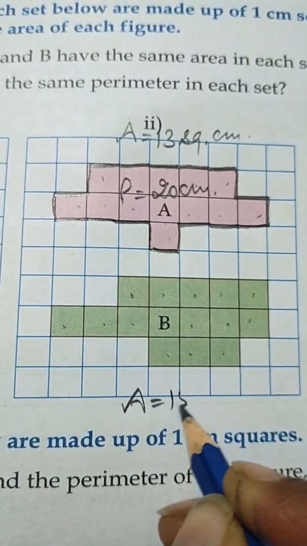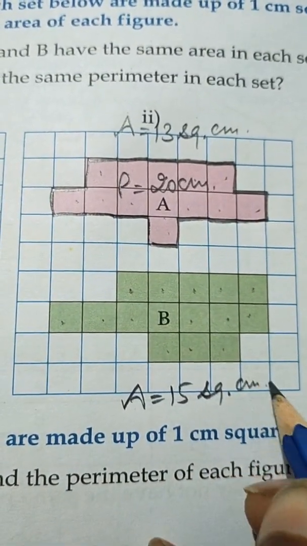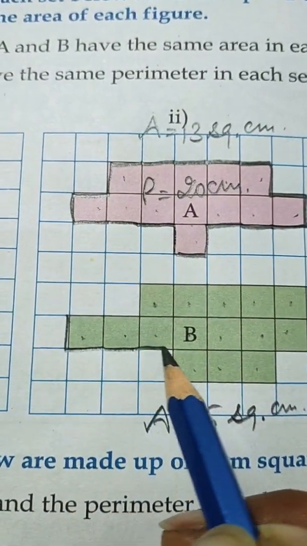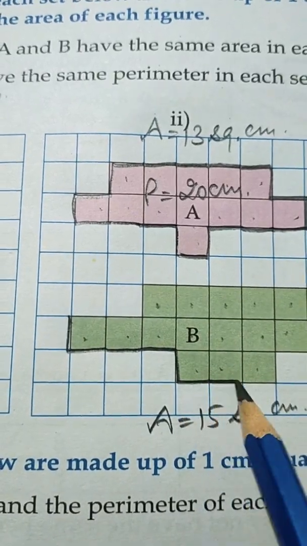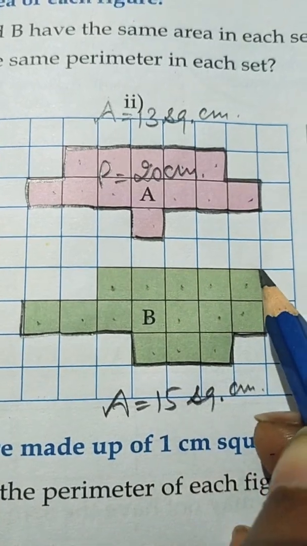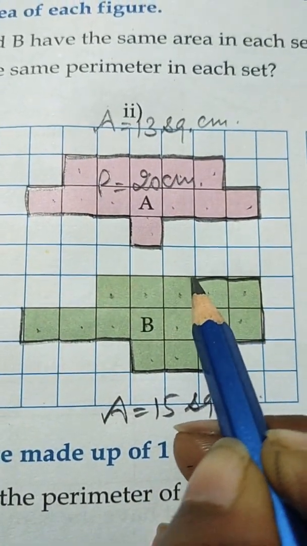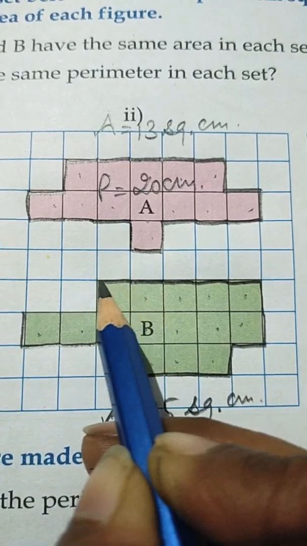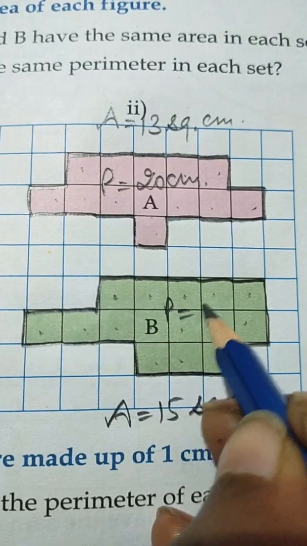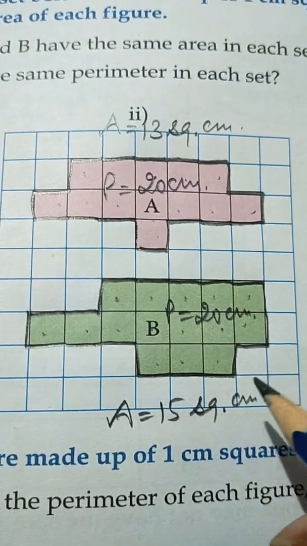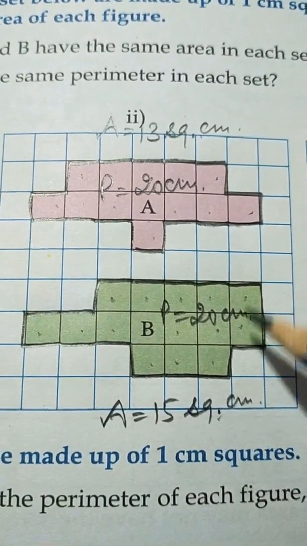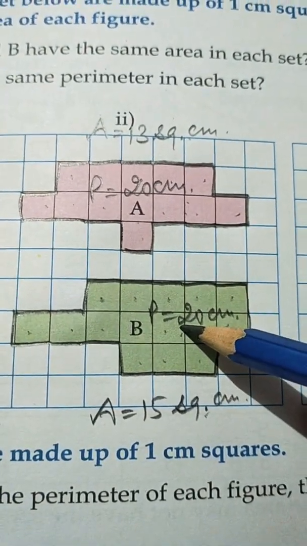Area is 15 square centimeter and perimeter will be 20 centimeter. Here the area is 13 and here the area is 15 square centimeters, and in both the diagrams the perimeter is same.